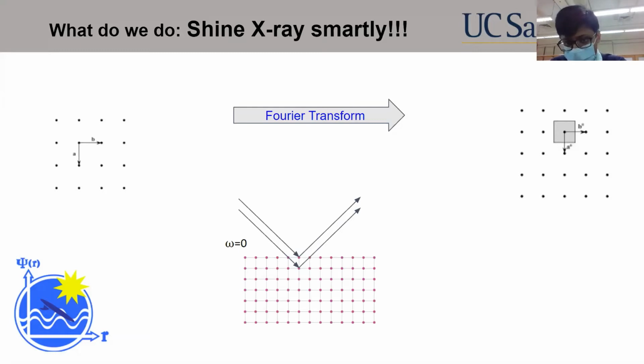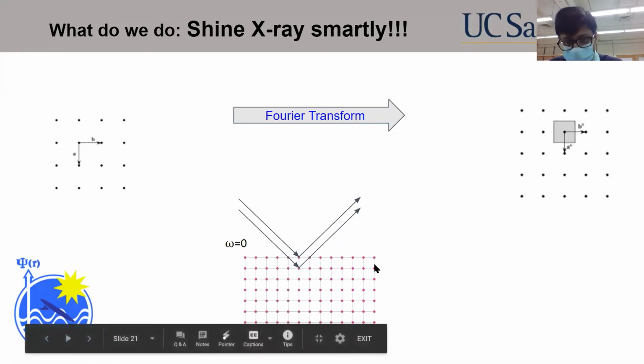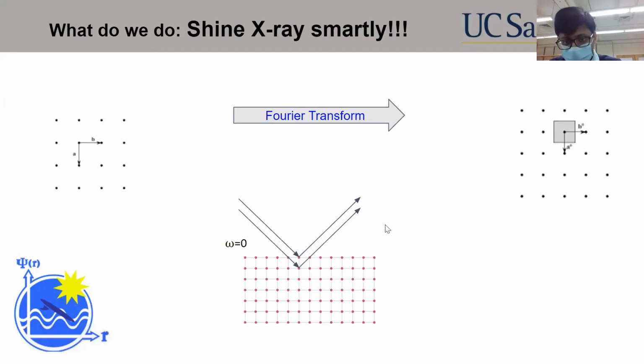So now, for example, this Fourier transform tells us the d spacing of these two planes, which is along the y direction in this figure. Now, omega is how much I have rotated the sample.